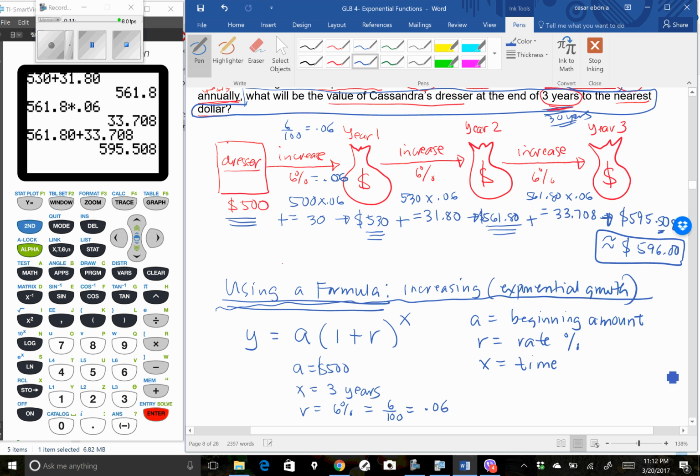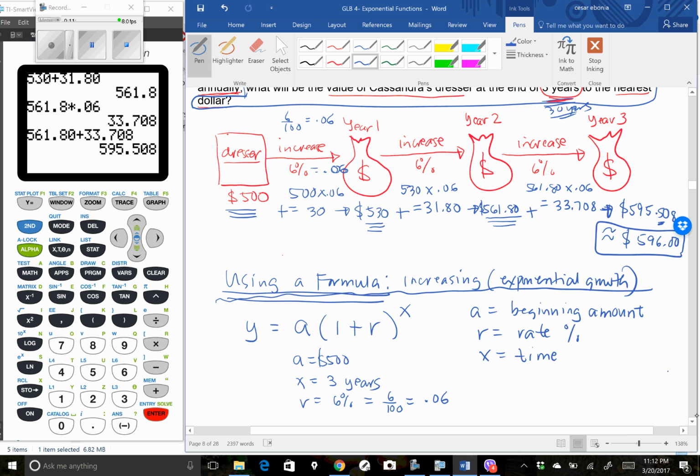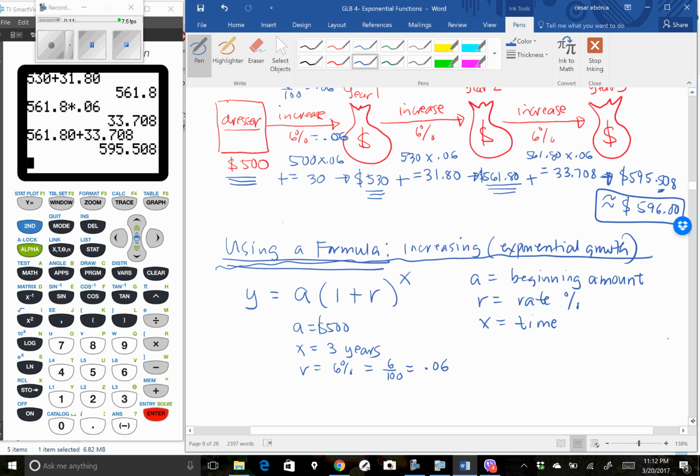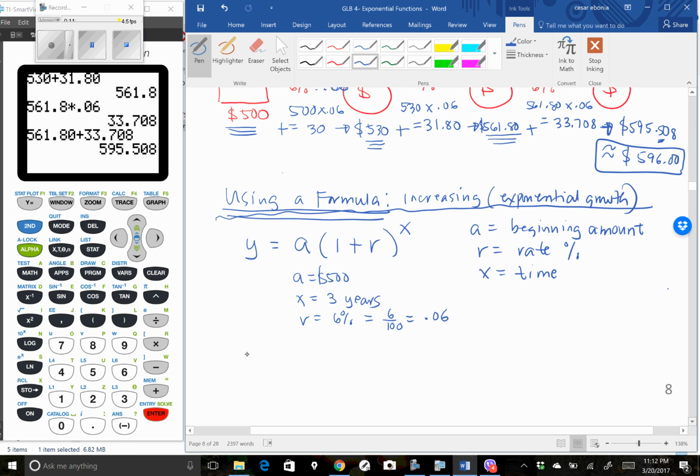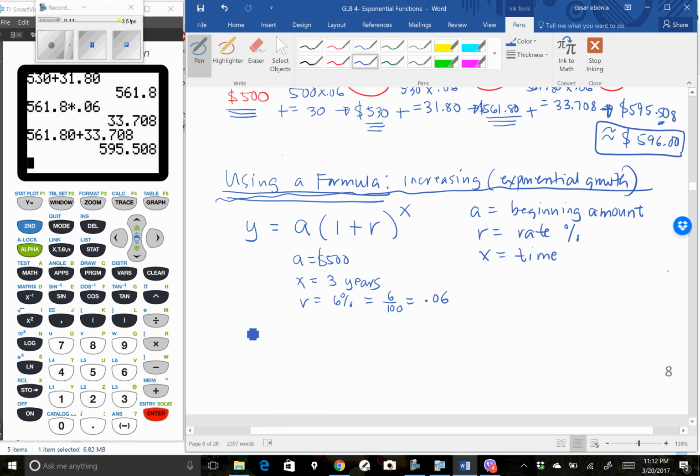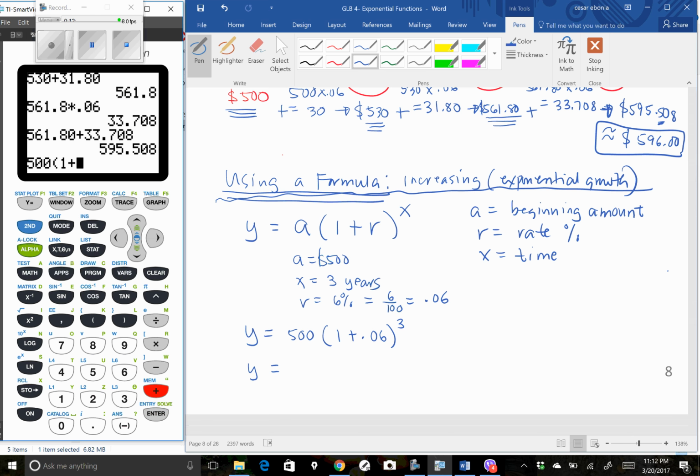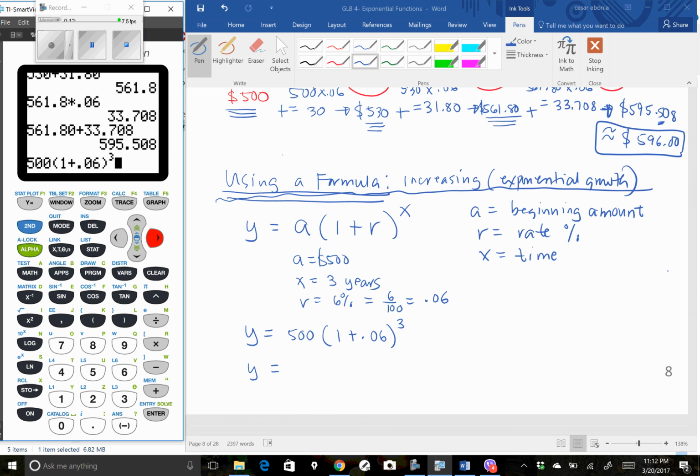Once you have those numbers, you can plug them into the formula. So y equals 500 times 1 plus 0.06, exponent 3. We'll just enter that directly in the calculator: 500 times 1 plus 0.06 exponent 3, then press enter.